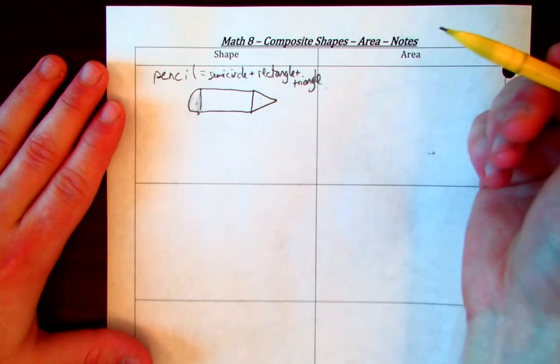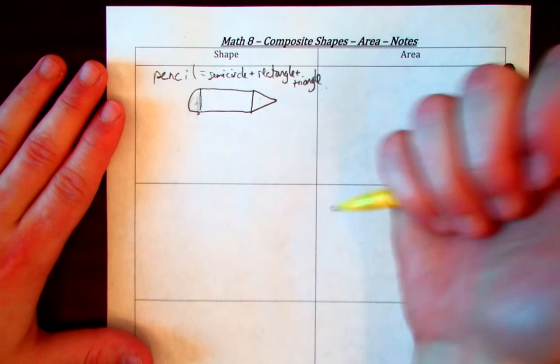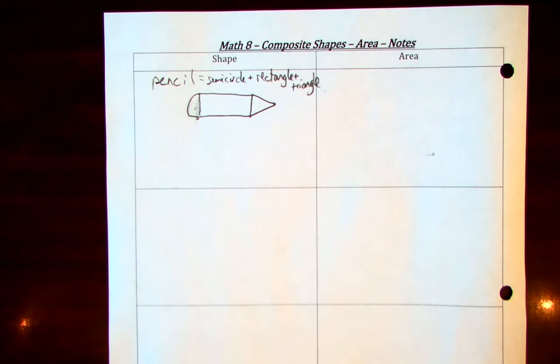Another way I did this last year that a lot of people were thankful for was I did use those colors, but I kept it a little bit less messy. So let's do it like this. What I did last year was, I identified my shapes, and I labeled the shapes.